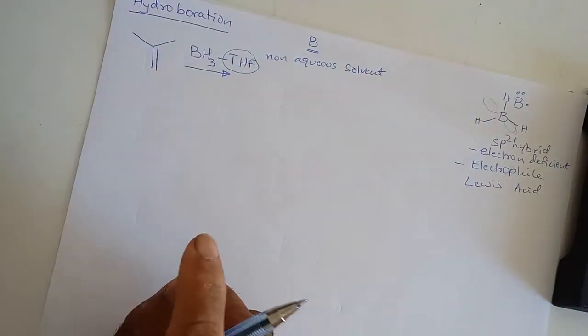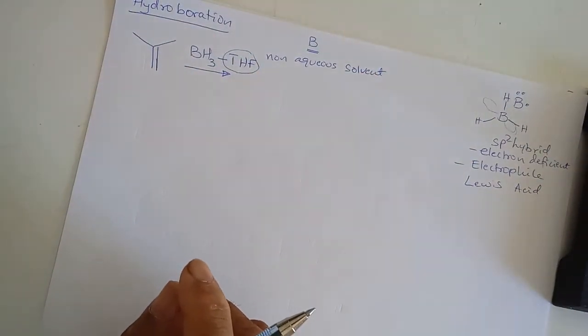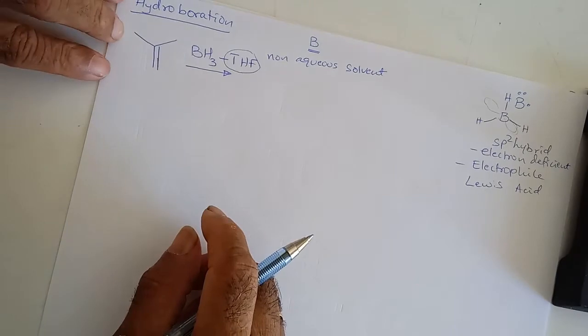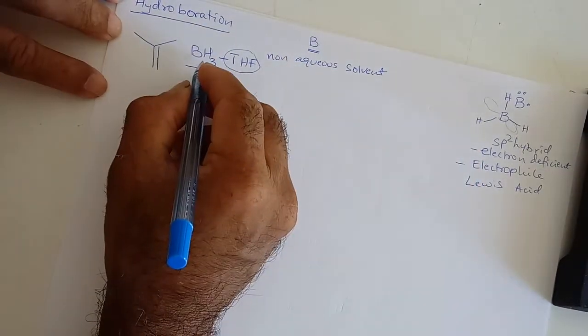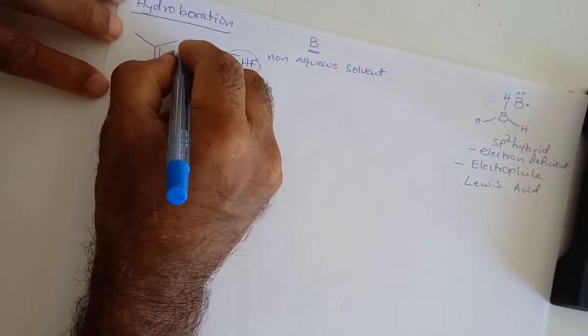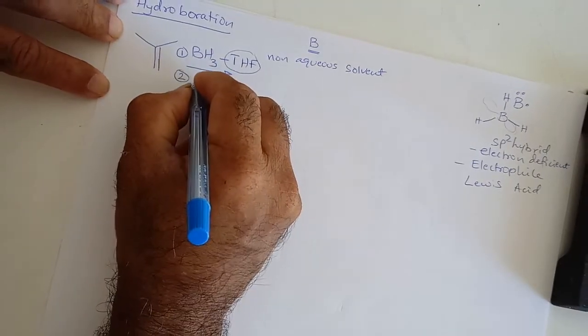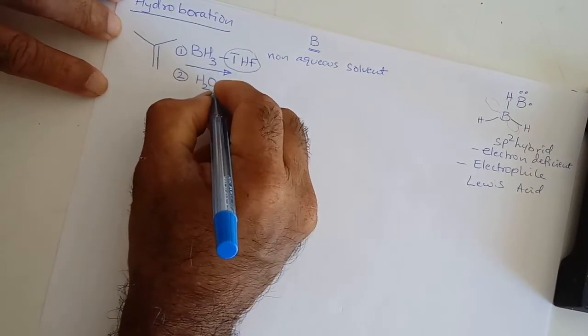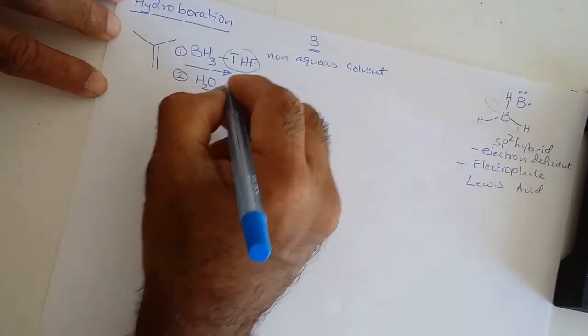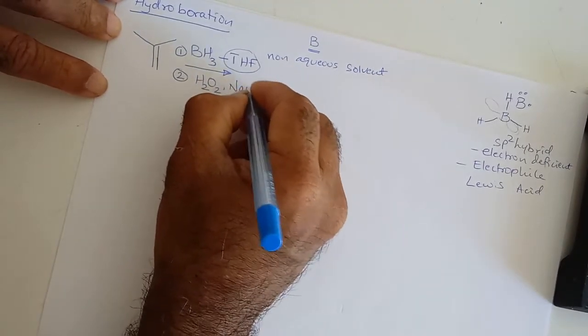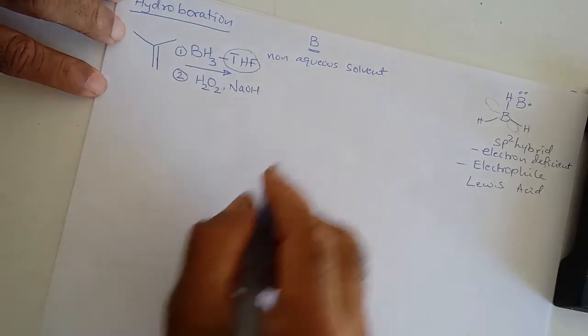We'll talk about what that non-aqueous solvent means to us. So BH3·THF, this is step number 1. Step number 2, we have an oxidative step, H2O2 in sodium hydroxide under basic condition.